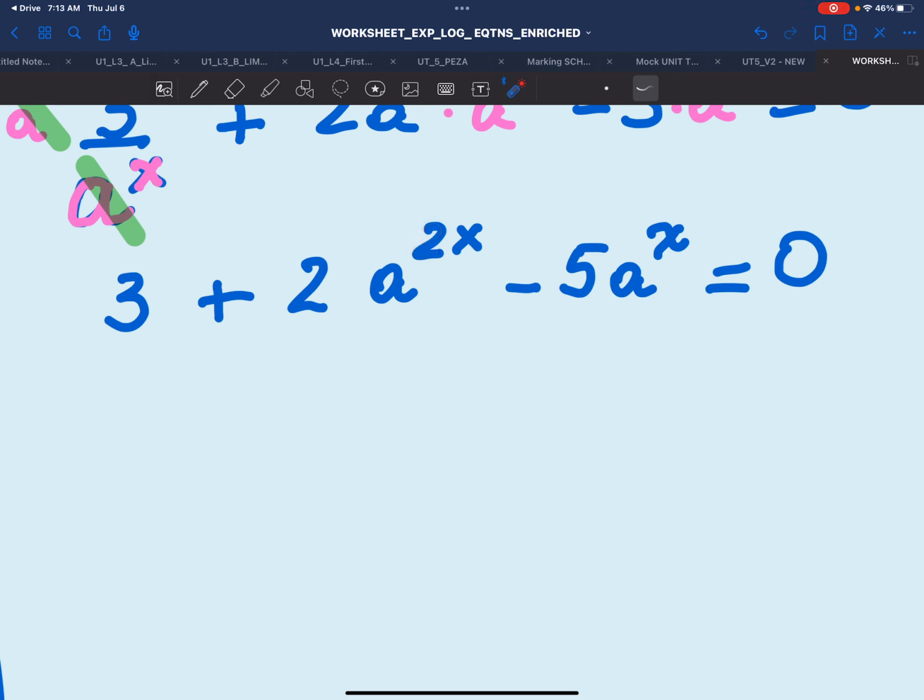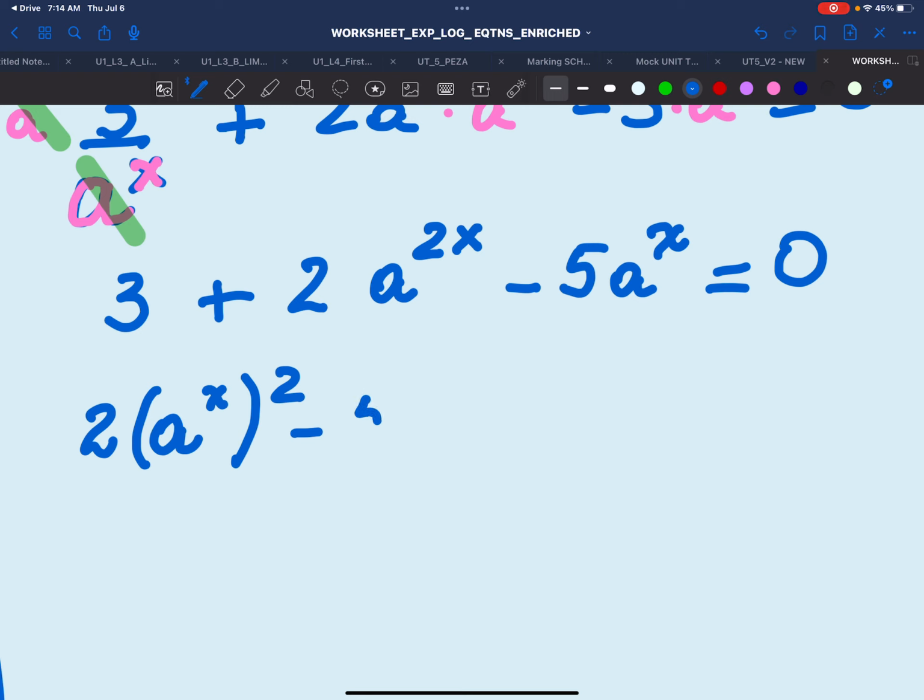So to make it look like a quadratic a little bit better, what we're going to do is bring the power of 2x term first. So we have 2, and I'm not going to write a to the 2x the way it is. I'm going to write it as a to the x squared. And then minus 5 a to the power of x, and then plus 3.